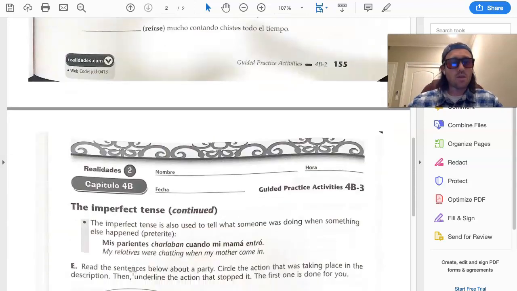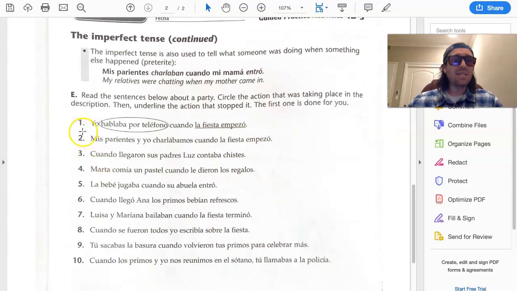Part E is excellent practice for how we use the imperfect and the preterite together. This is what we talked about today. And so for this particular exercise, you're going to circle the action that was taking place in the description. So you're going to circle the imperfect conjugation. Again, endings are on page 194.